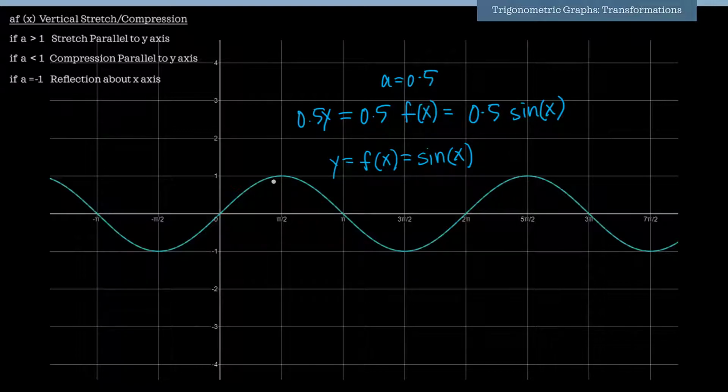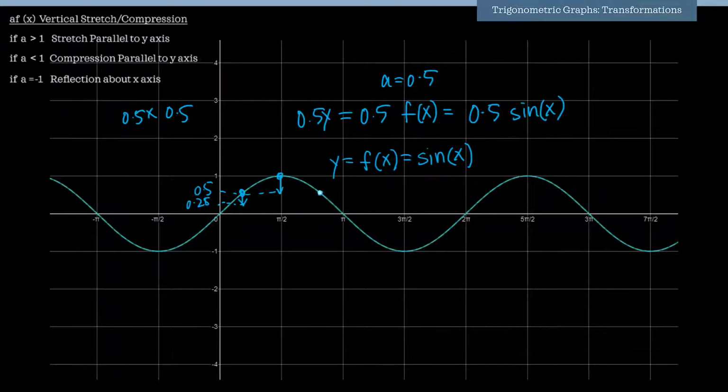So this value of y at 1 is going to get compressed by a scale factor of 0.5. So if I multiply 1 by 0.5, I would get 0.5. So this 1 would go to 0.5. And this point, which was originally at 0.5, if I multiply 0.5 by 0.5, I'll get 0.25. So this point is going to go further down at 0.25.